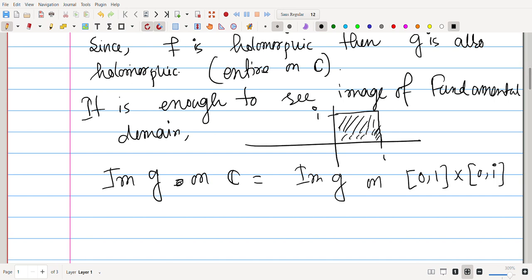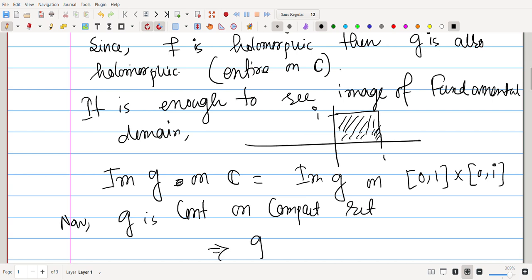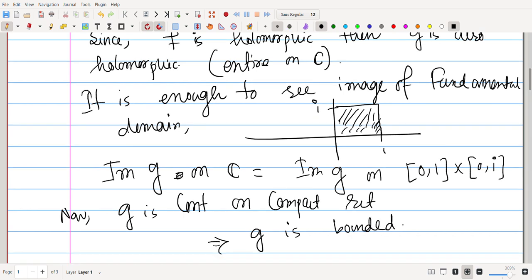Now g is continuous on a compact set, which implies g is bounded. And the image of g on C is also the same as the image of this.